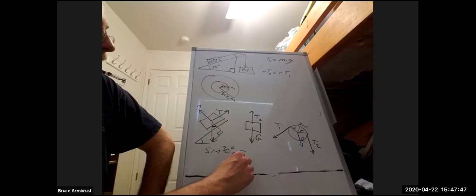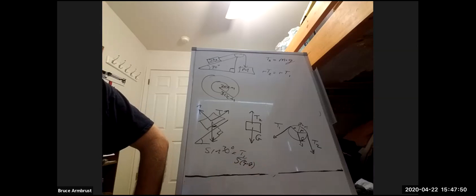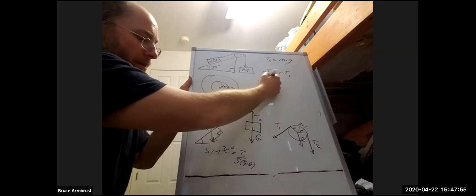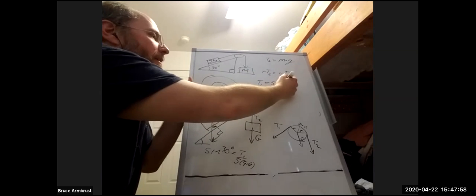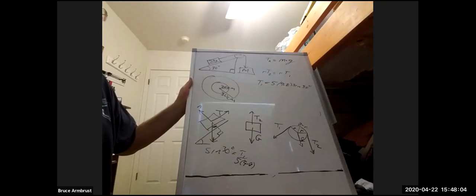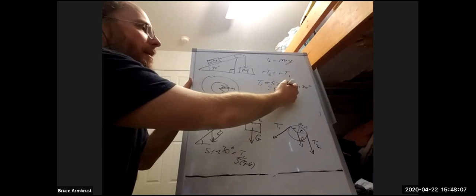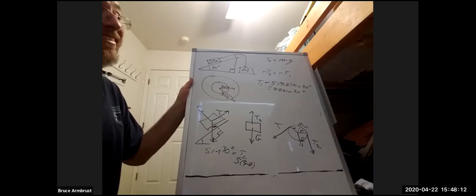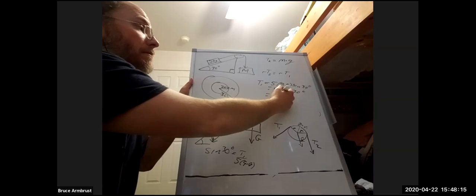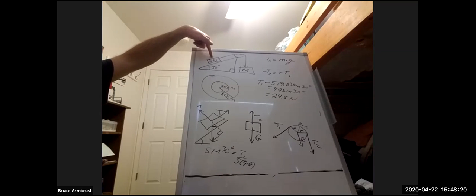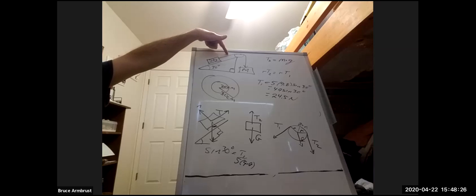So that's going to be 5 times 9.8. So in this, I get that T1 is going to equal 5 times 9.8 times the sine of 30 degrees, which is 49 times the sine of 30. And the sine of 30 is a half. So in order for this block to be stationary, the one on the slope, the tension that has to be applied is 24.5 newtons.